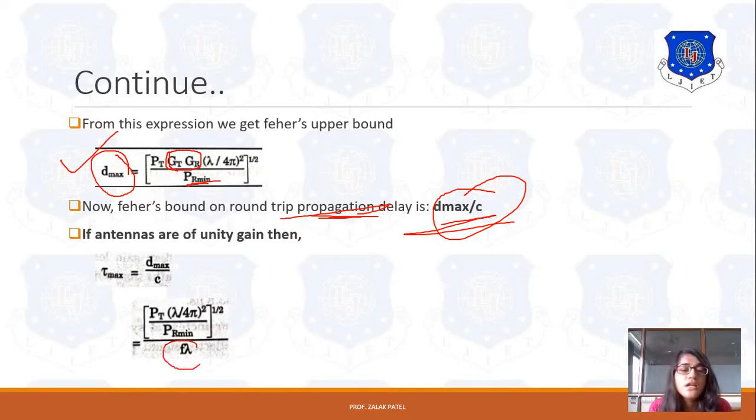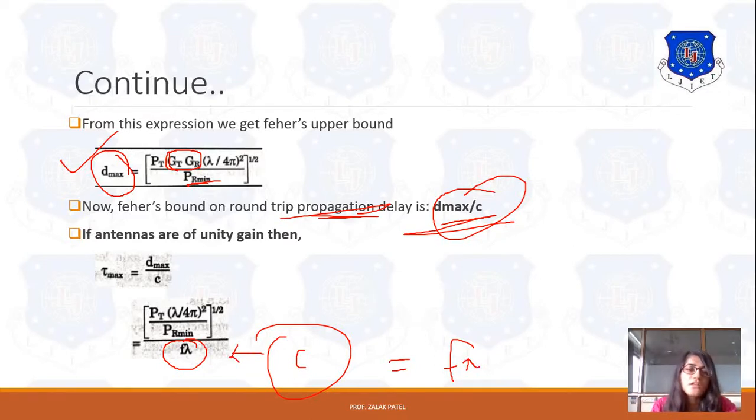Here please note that this F lambda is nothing but C, because C is equal to what? Frequency F into wavelength lambda. So instead of C, we write F into lambda. So this is how one can easily calculate the tau max with Fayer's upper bound.